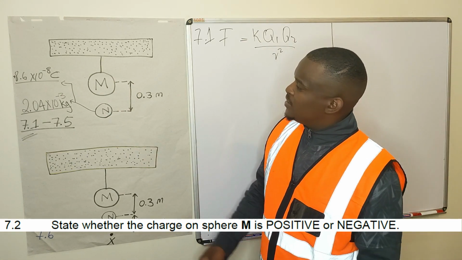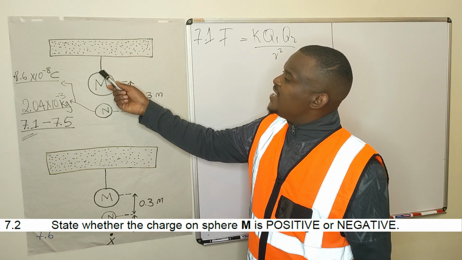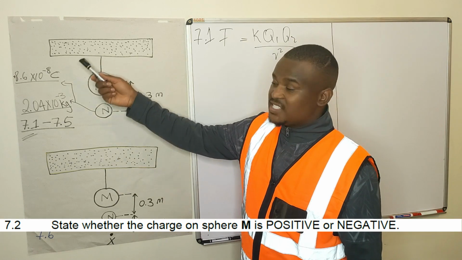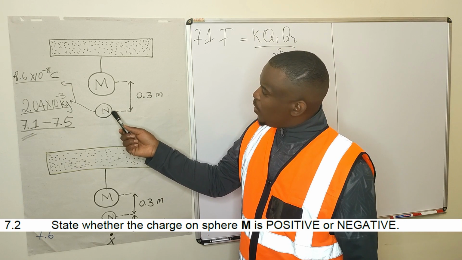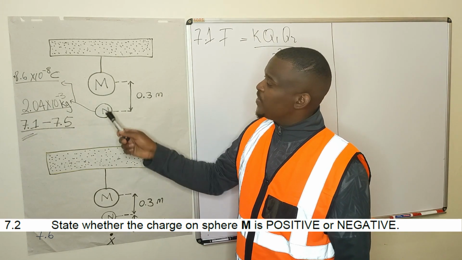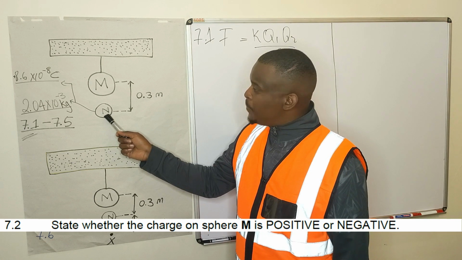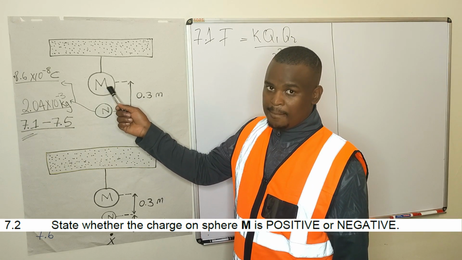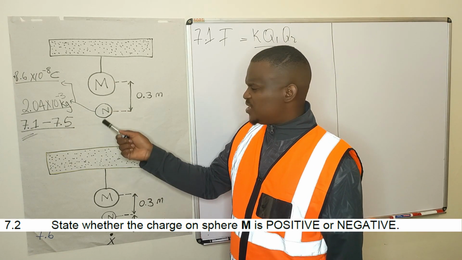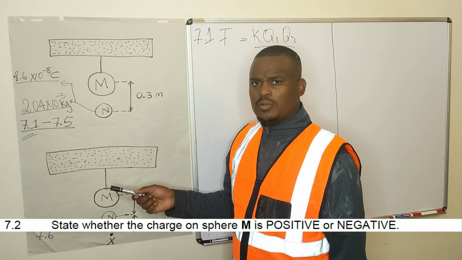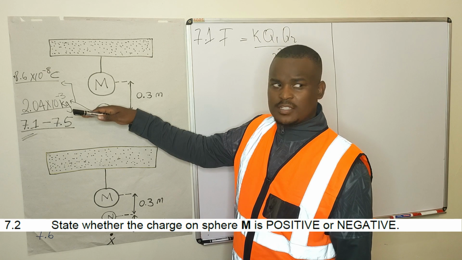We're told that this sphere hangs by this inextensible insulated string from the ceiling, and N hangs vertically below M, and it's not falling, it's not going up. We know gravity is pulling it down, but it's not going down. It maintains its position.